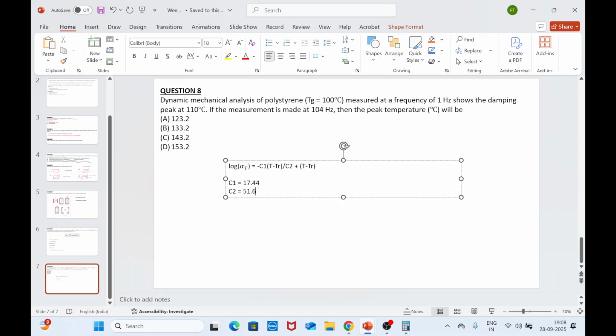Alpha subscript T is the shift factor. You need to think about the concept of time temperature superposition. There we quantify this shift factor based on this WLF equation, and then we try to solve the problem.